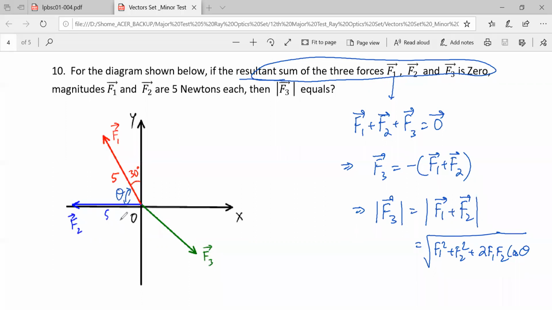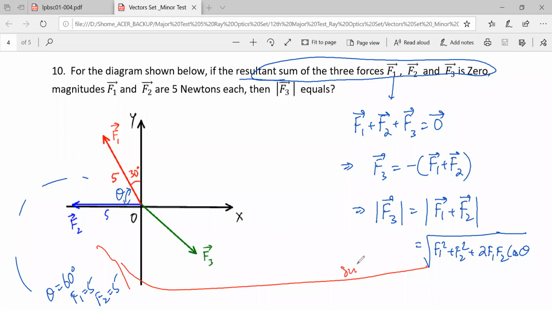It's the angle between the two, F1 and F2. So theta is 60 degrees. F1 is 5. F2 is 5. So you substitute all this data here and you'll get 5 root 3, because cos 60 is half.